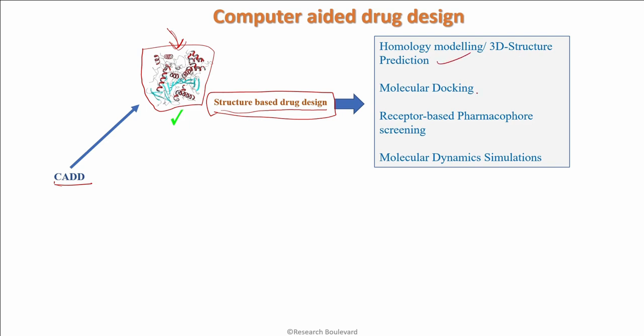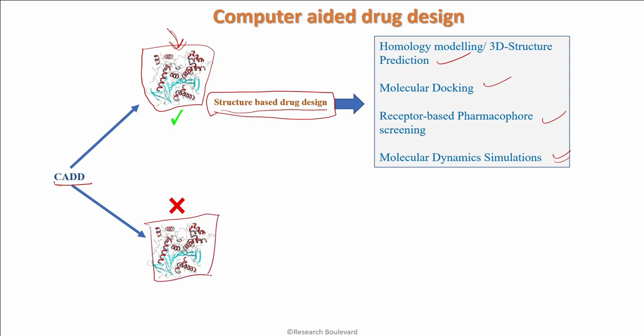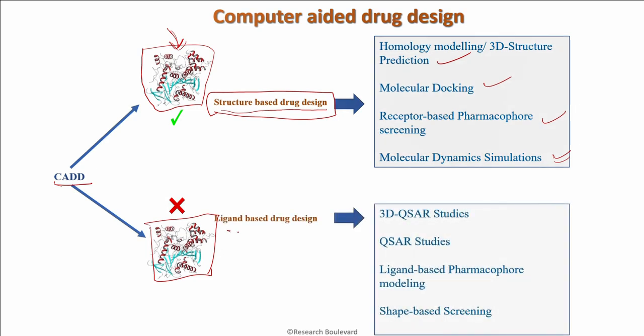Right, these are some of the success stories. I will share the paper where I have taken this from. Using docking and homology modeling, this drug was FDA approved, and it is used for lung cancer.